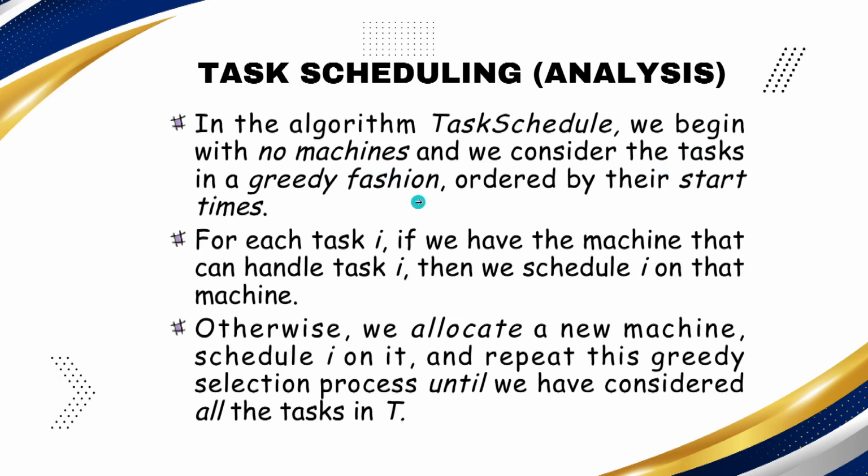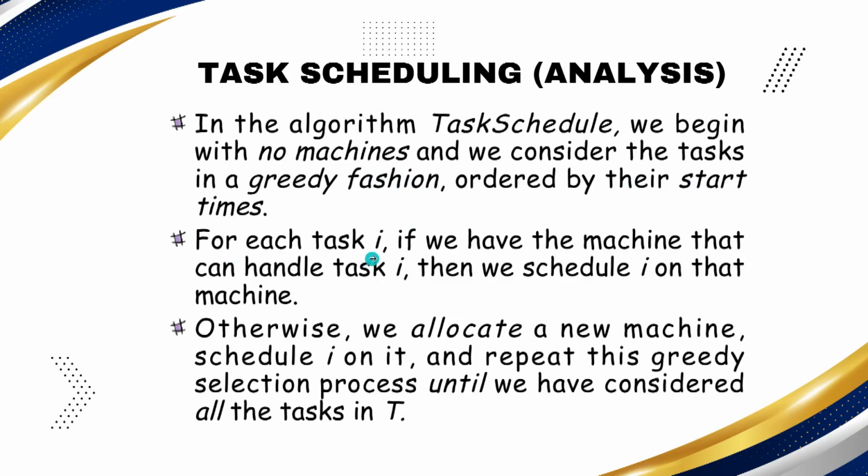So, we order all the tasks according to their start time. Say for instance, we have 3 jobs or tasks that are to be started by 1 p.m., 2 p.m. and 3 p.m. Naturally, we choose the task that has to be started by 1 p.m. first if the time now is 12:35 p.m. For each task I, if we have a machine that can handle it, we will schedule that task onto that machine.